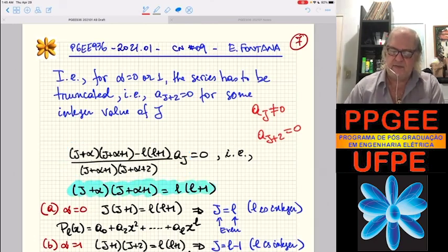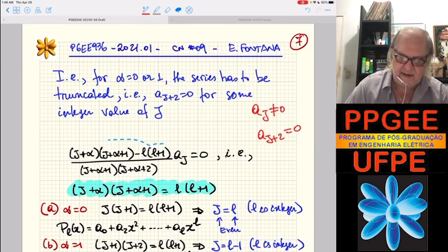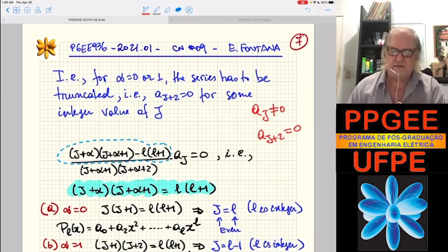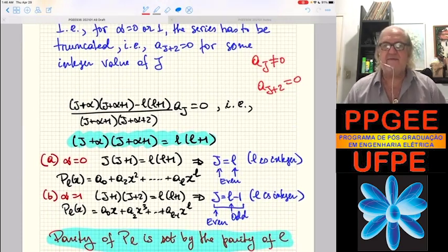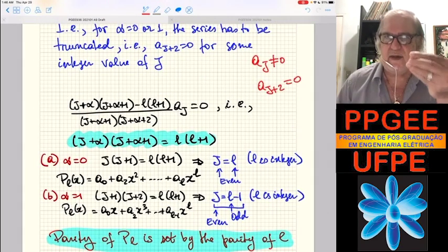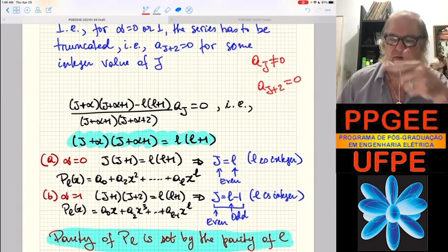So to make it 0 for a given capital J, it's just a matter of making this numerator equal 0, right? Recall that we have two possibilities for alpha: alpha equals 0, alpha equals 1.